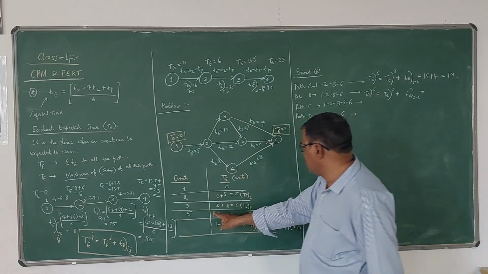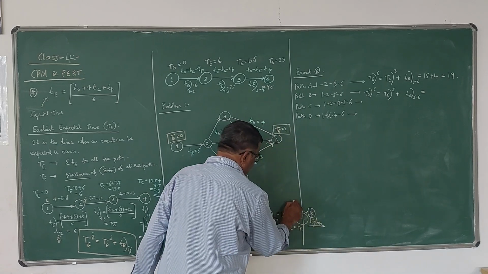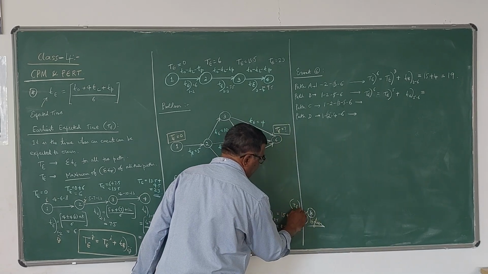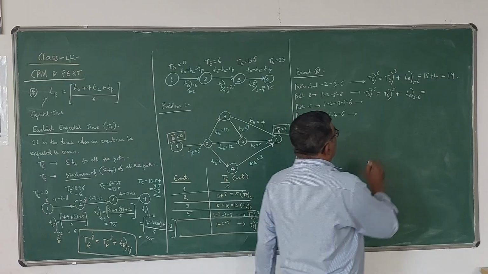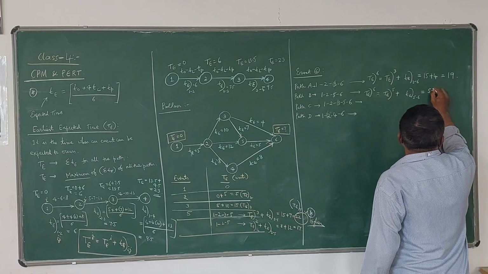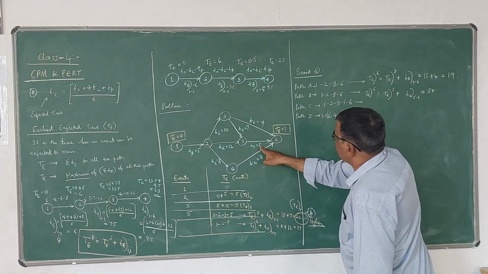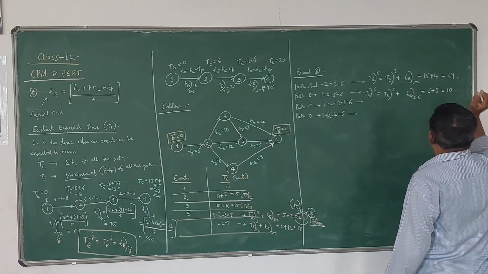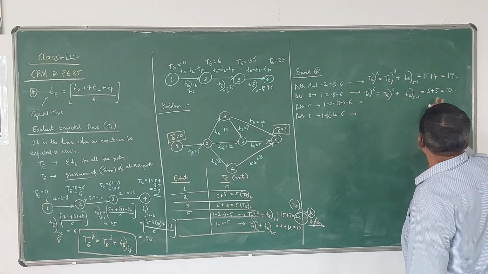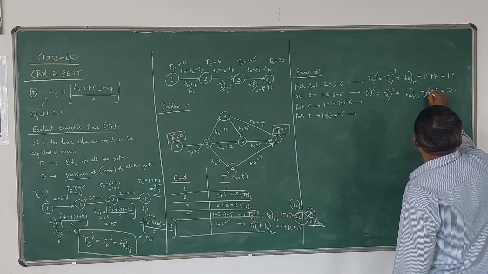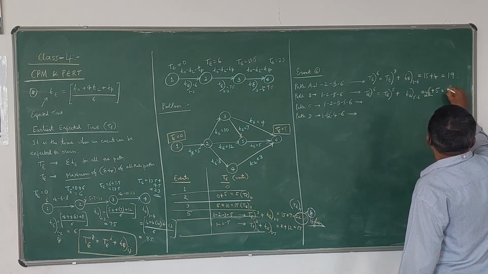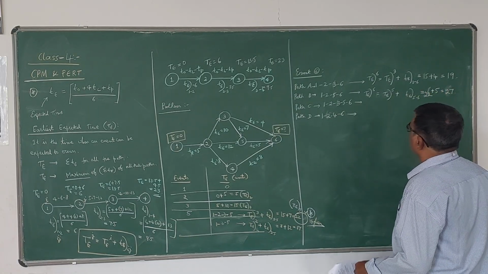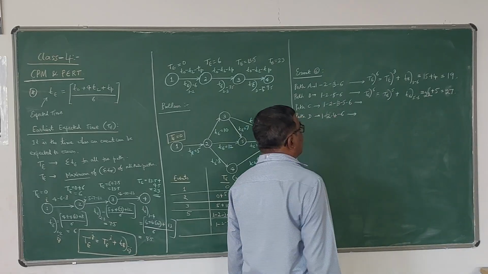T of 5 is 22. The highest value. So T of 5, 6 is 5. 22 plus 5 is 27. That is the second value of TE.